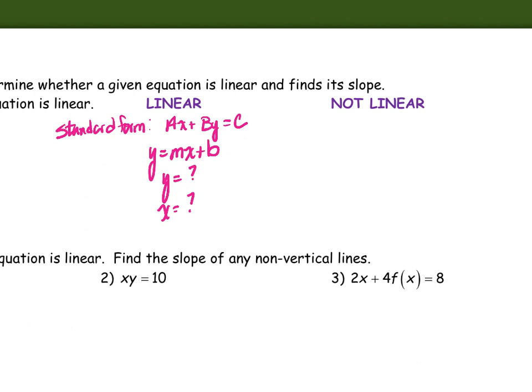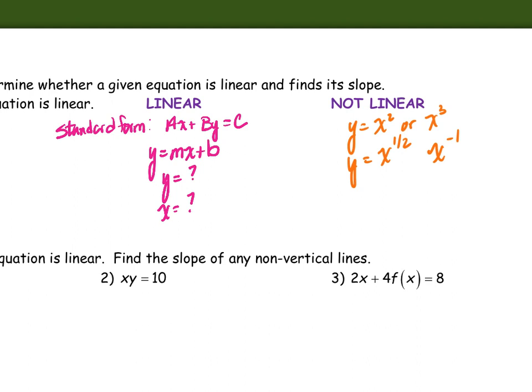What would not be linear? We kind of talked about it. What if I had y equals x squared or x cubed or y equals x to the 1/2 or x to the -1 or anything like that, anything with some weird exponent, not linear.